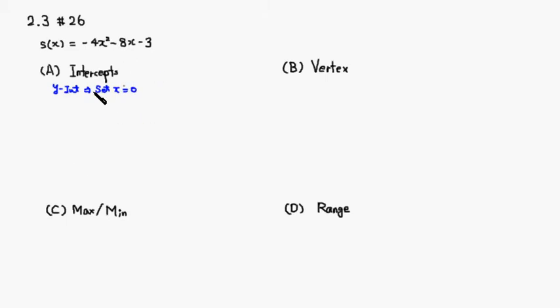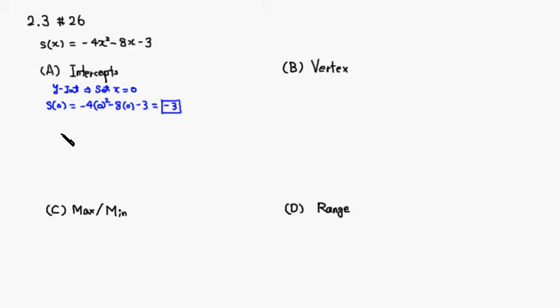So all you really have to do is evaluate s of 0, which is negative 4 times 0 squared, that's 0 anyway, negative 8 times 0, that's still 0, and a minus 3. So obviously it's going to be negative 3. So negative 3 is the y-intercept.